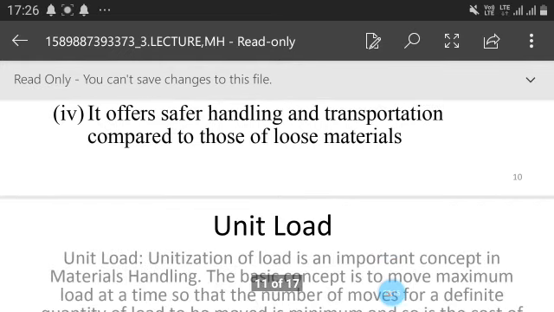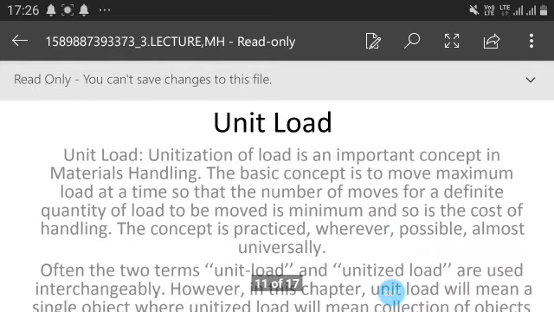Now, what is the unit load? The unitization of load is an important concept in materials handling. The basic concept is to move maximum load at a time so that the number of moves from a defined quantity of loads to be moved is minimum, and so is the cost of handling.